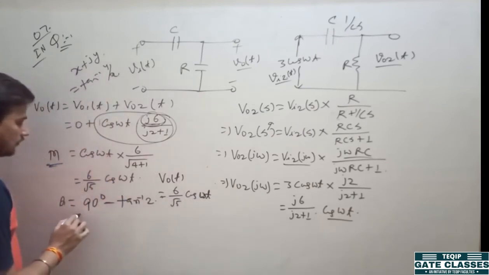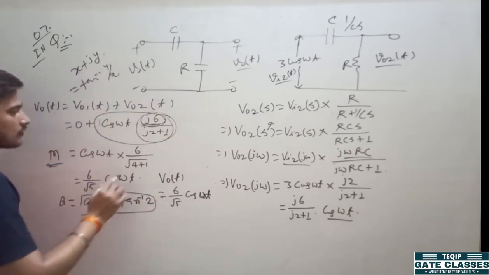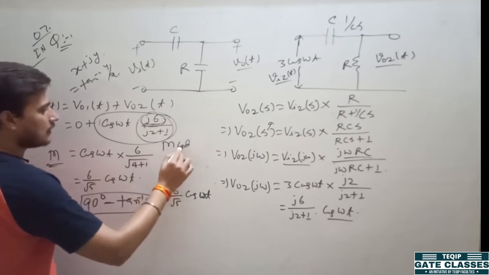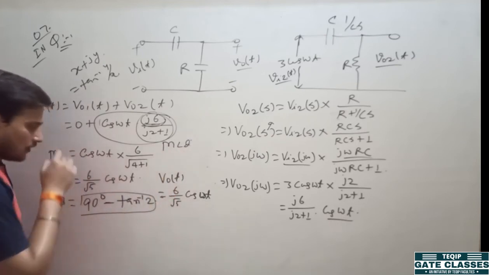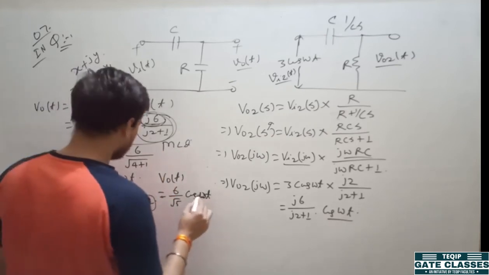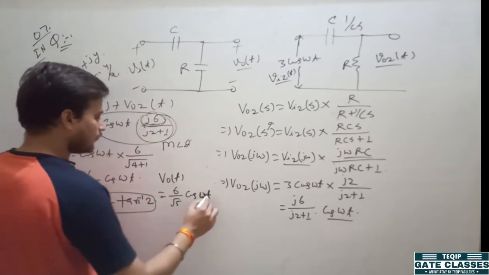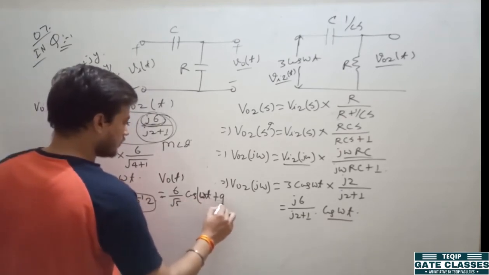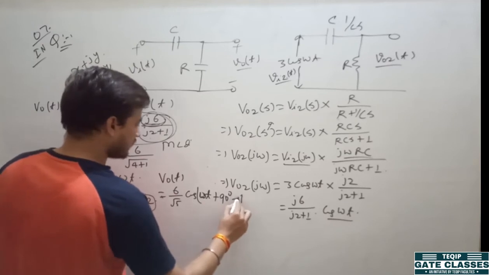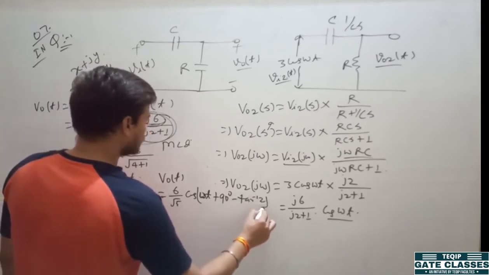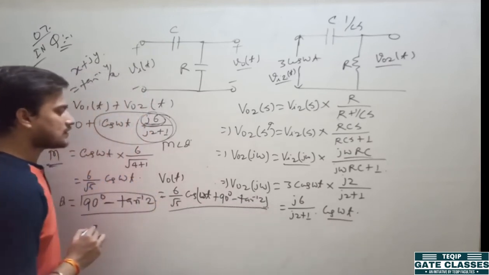Now this angle will be added because you write magnitude at the angle theta. So cos omega t plus 90 degree minus tan inverse 2.